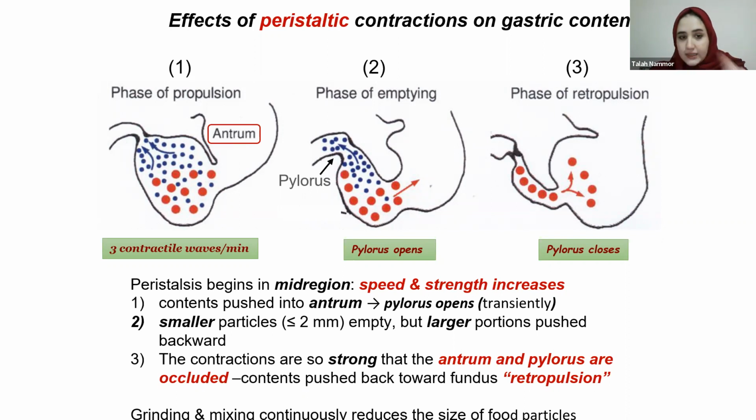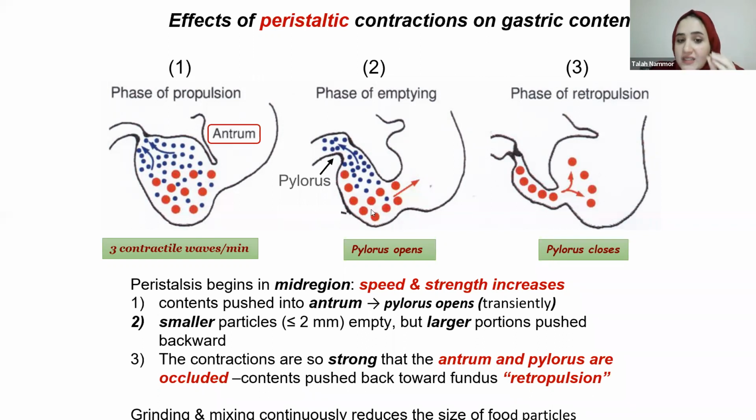This contraction is going to push, and you can see all these particles are pushed against the pylorus. So the pylorus will open, and it will cause the small particles, which are less than 2 millimeters, to pass. They passed, you see? Those passed, and they went into the duodenum, okay?